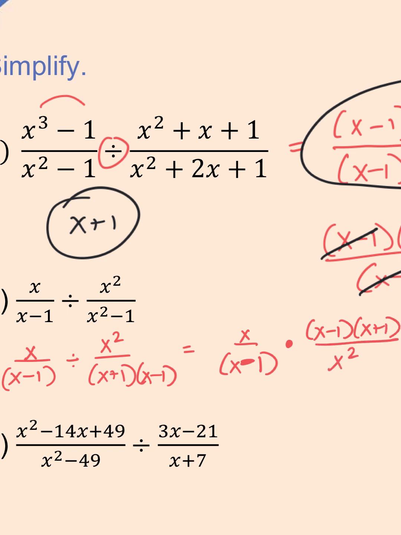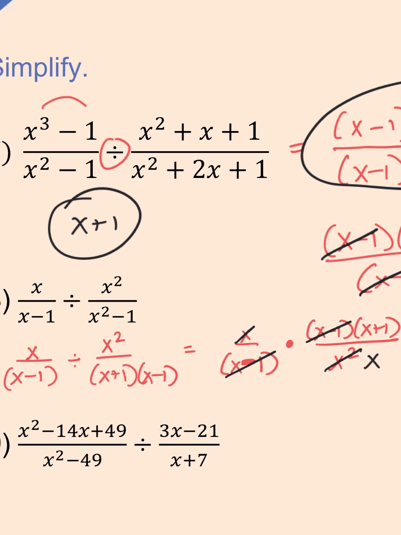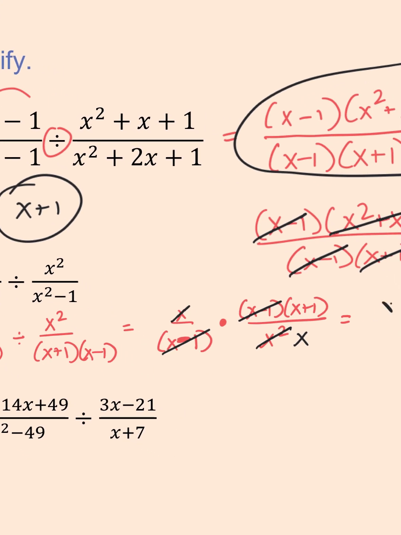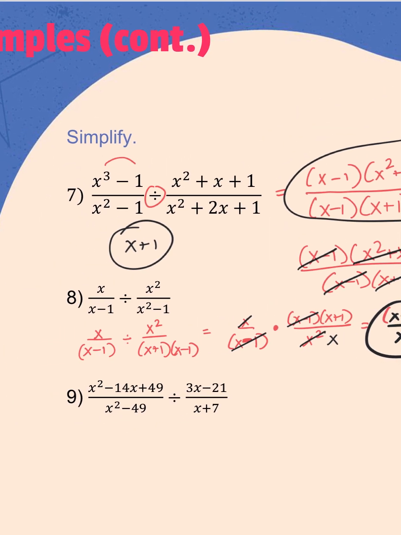And then I'm ready to cancel my common things, x minus 1, x minus 1. Notice I have an x up top and an x squared at the bottom, so I'm going to have an extra x left over at the bottom. So I'm going to have x plus 1 over x, and we already talked about it. x plus 1 is a group. I can't just cancel the x's. So the final answer is x plus 1 over x.